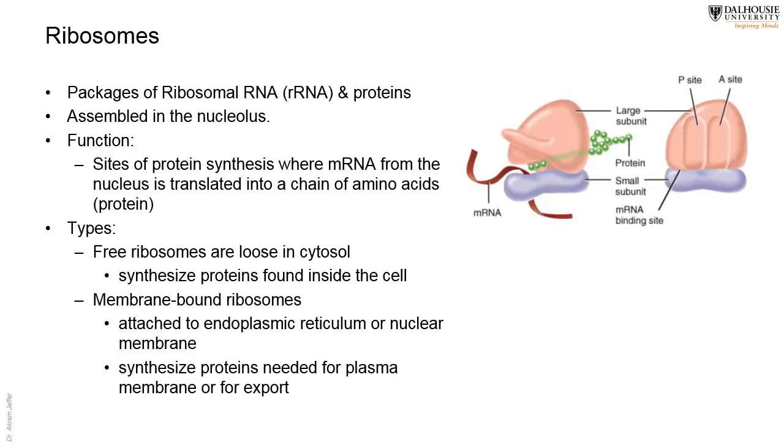Because the ribosomes could be free ribosomes, just present in the cytoplasm, and they will synthesize the proteins which are present in the cytoplasm, or they are membrane bound in the rough endoplasmic reticulum, and those synthesize the proteins that are needed for the cell membrane itself to replace the cell membrane, or for the proteins that are going to be secreted from the cell, to be exported, like in the form of hormones that are secreted.